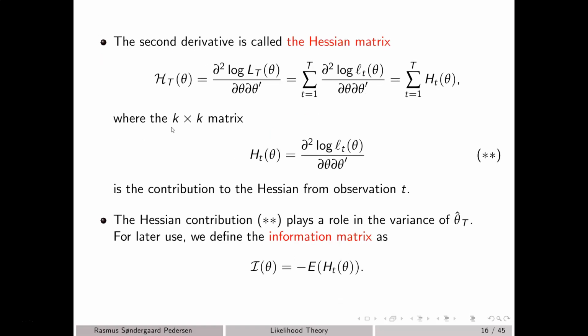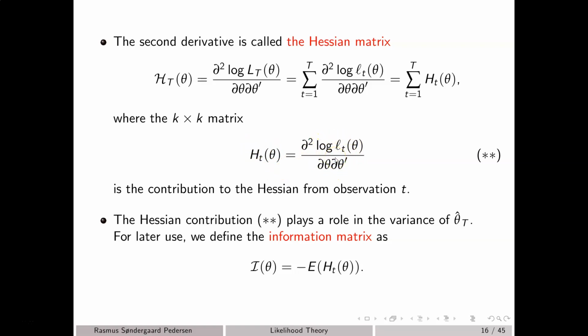We may also consider the Hessian matrix, which is the second derivative of the log likelihood function. Again, if theta is k-dimensional, then the Hessian matrix is a k by k matrix. A quantity that we will use again and again in this course is the so-called Hessian contribution, which is simply the second derivative of a given log likelihood contribution.